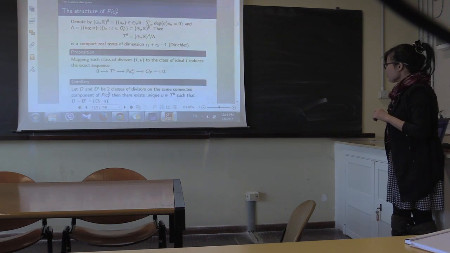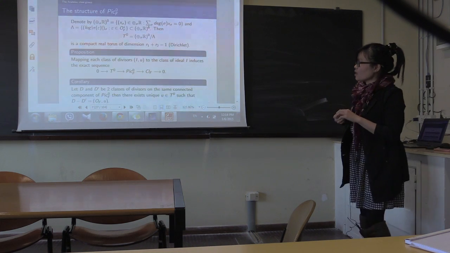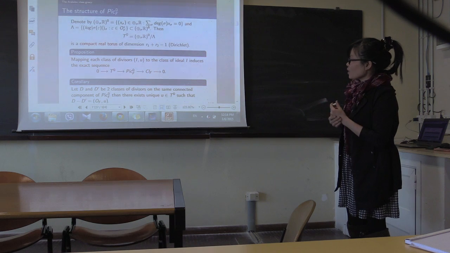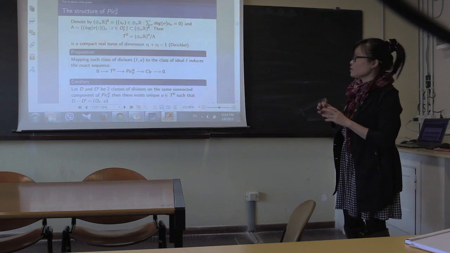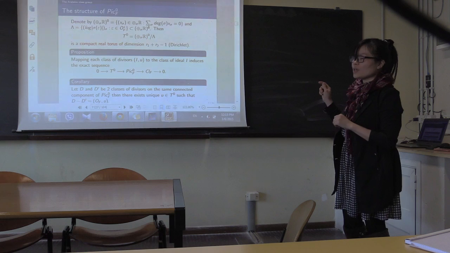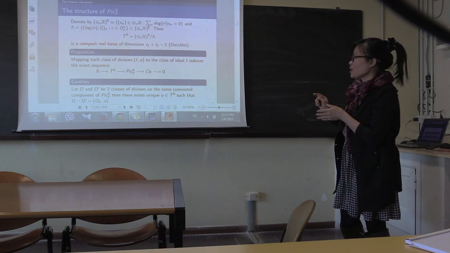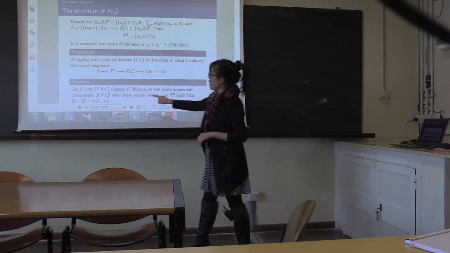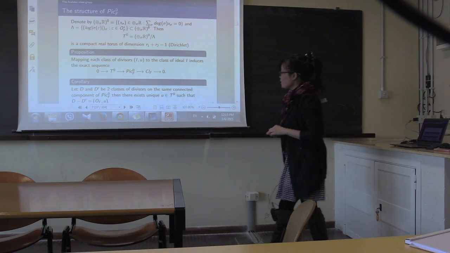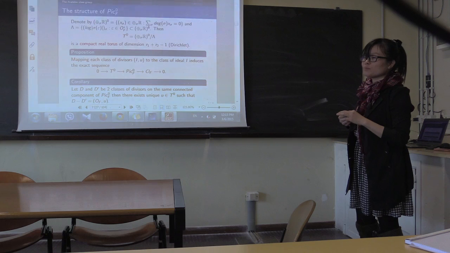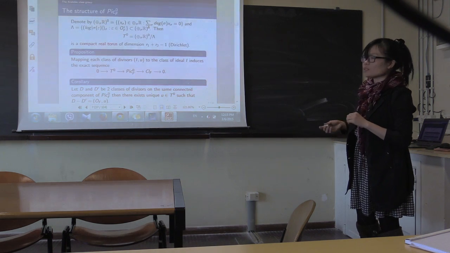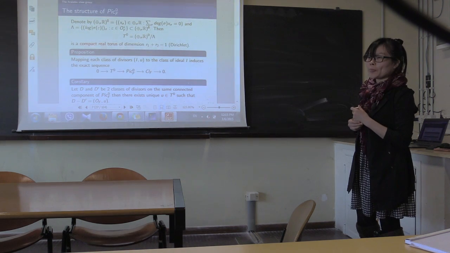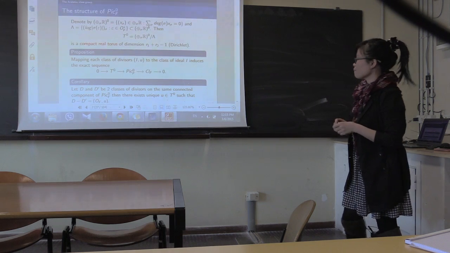That's why you have the corollary below: if you have two classes of divisors on Pic⁰(F) in the same connected component, then their difference is the divisor O_F u for some unique u, up to some multiplication by units. Can you remind me what is the topology on Pic⁰?